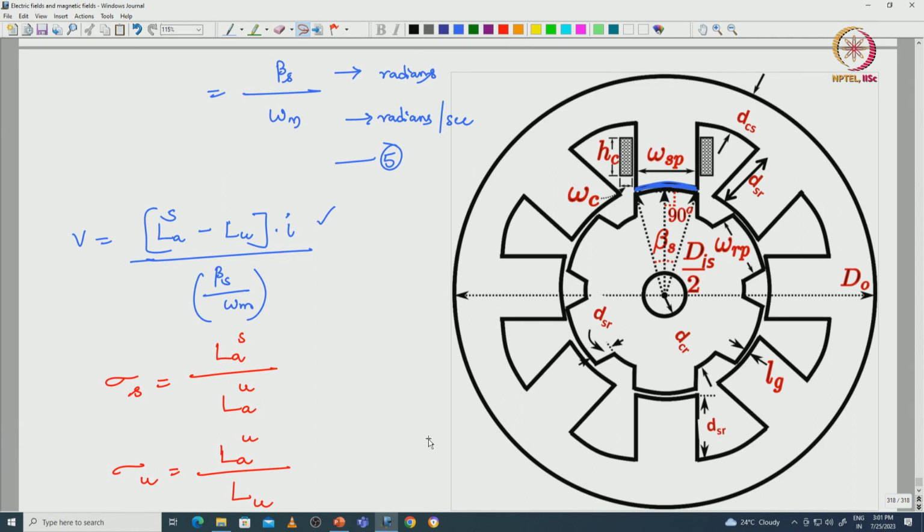We will utilize these two equations to represent the voltage equation in the form of inductance ratios. Use this equation, this is equation number 6 and equation number 7.